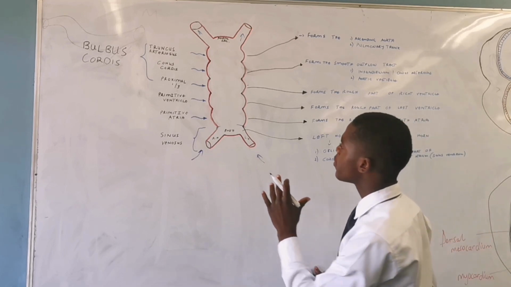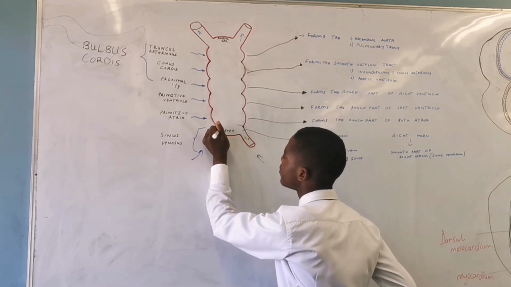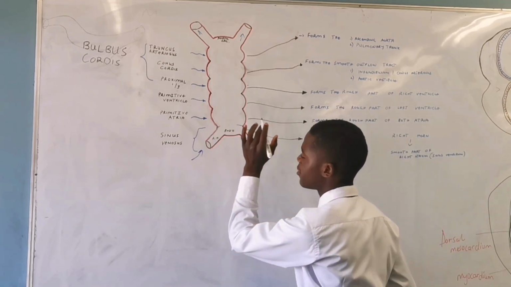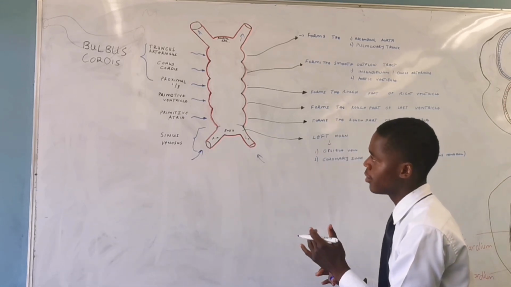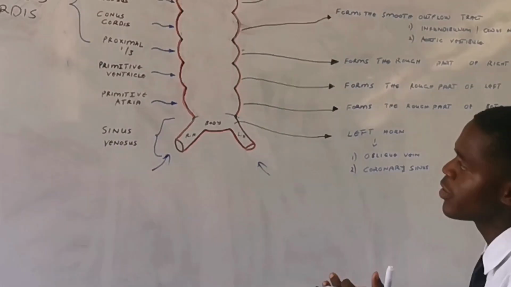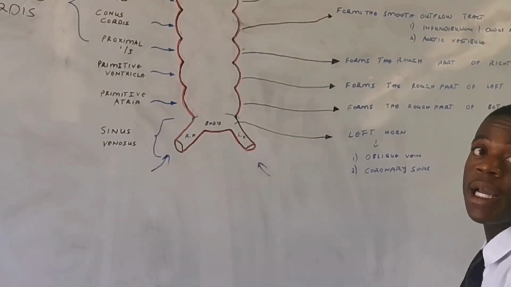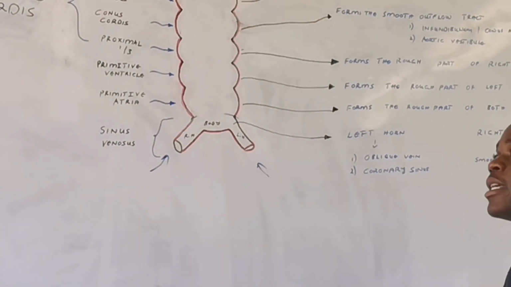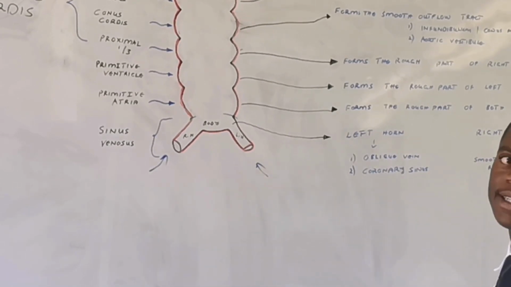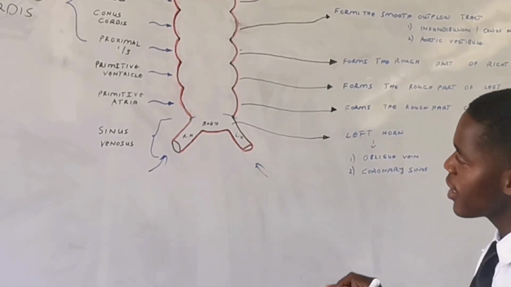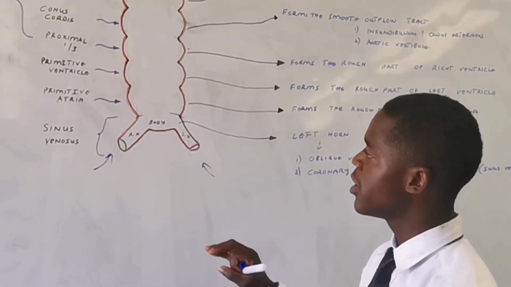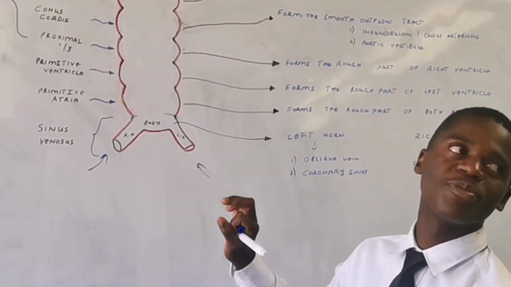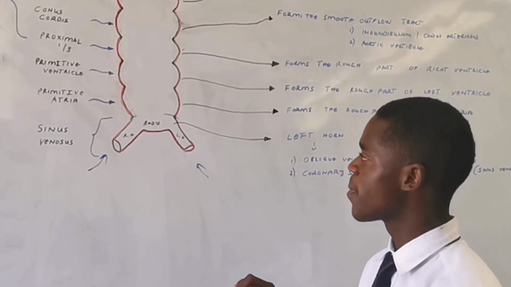So we are going to form the right venous valve and the left venous valve. But then, due to shunting of blood, we realize that the sinus venosus is moved more to the right, and it only has connection with the right atrium. So when this happens, we have it situated in the posterior superior aspect of the right atrium.